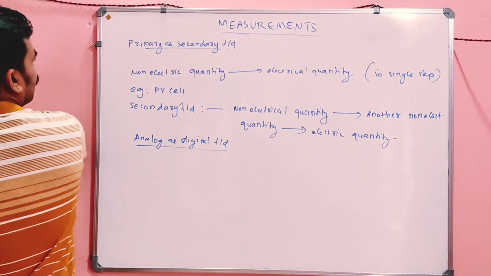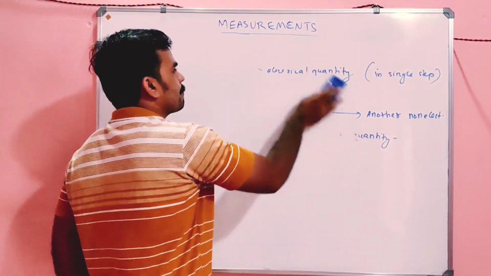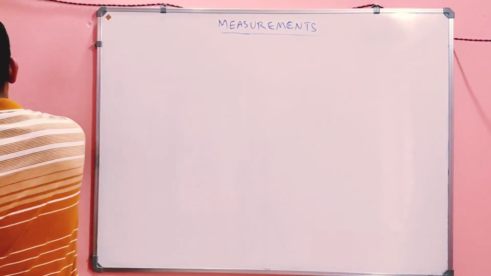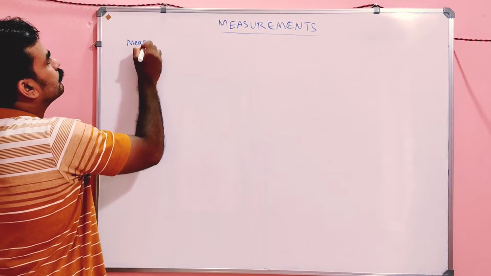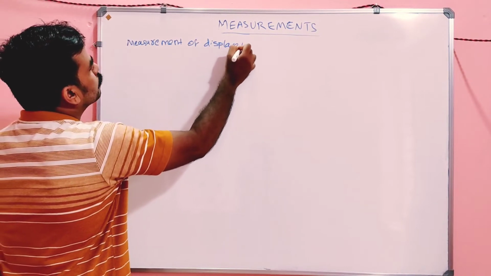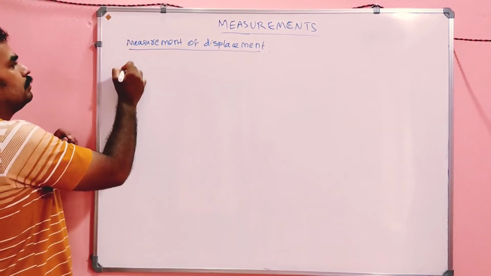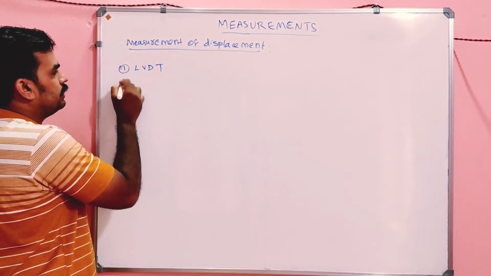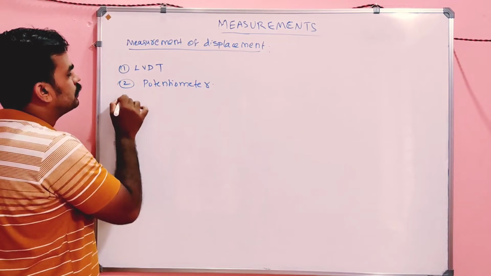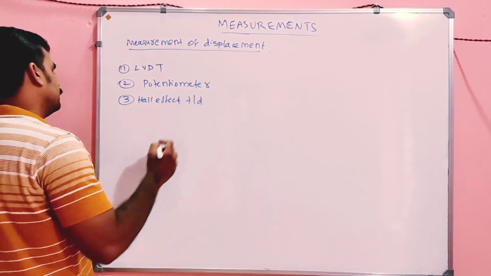Next, measurement of displacement. So for that, the transducers are the LVDT, potentiometer, and Hall effect transducer.